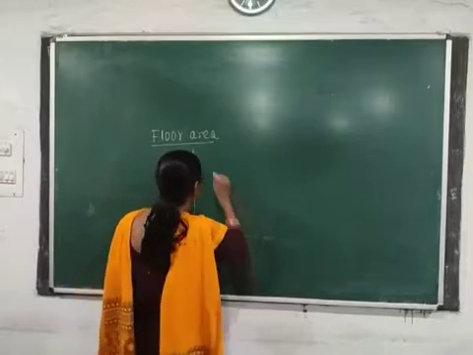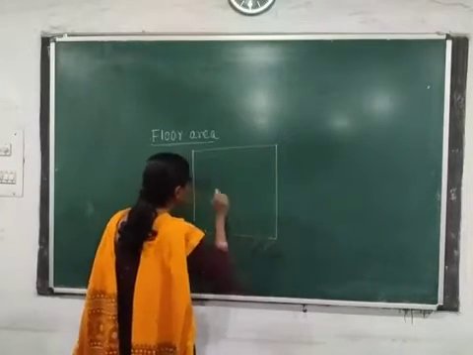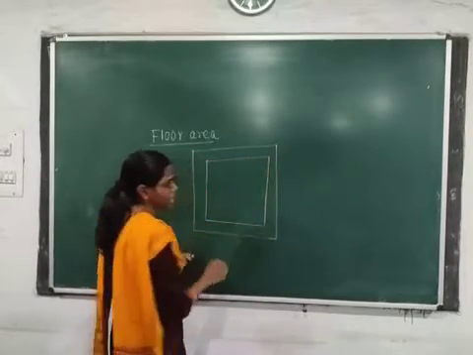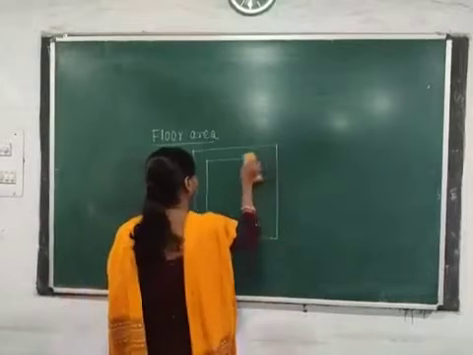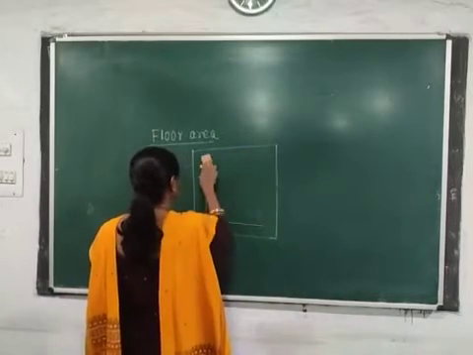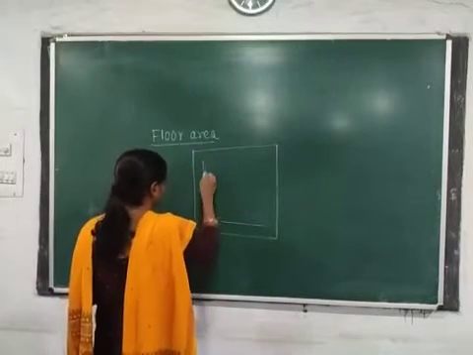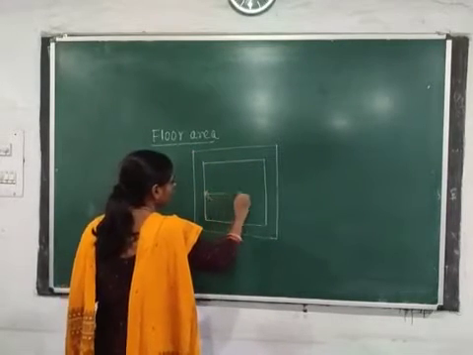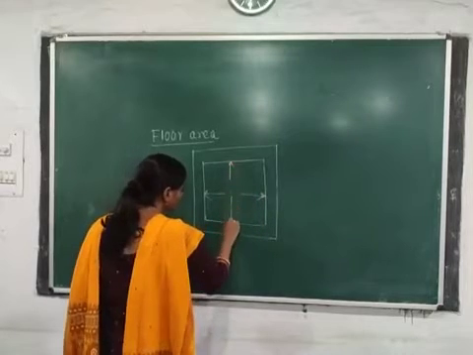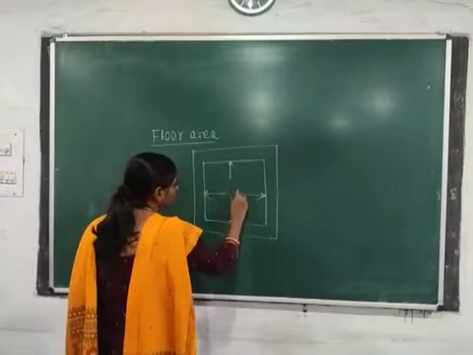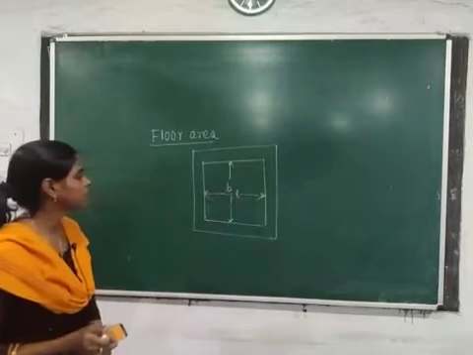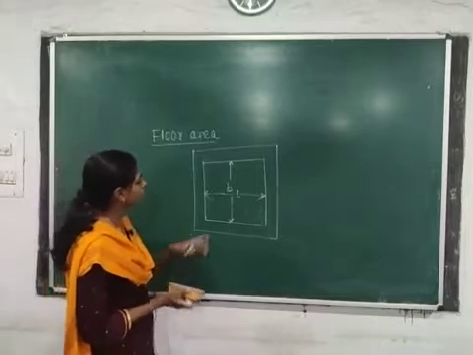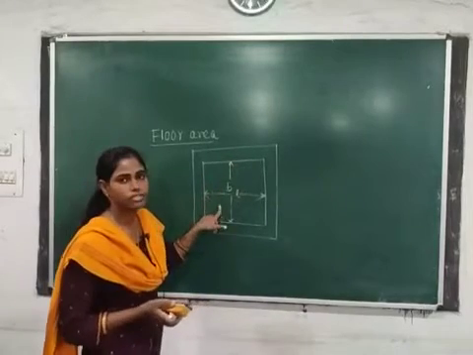That means floor area, suppose this is the plan, floor area is the area occupied between the walls. So, by multiplying the corresponding length and breadth, we will calculate the total area of the floor.